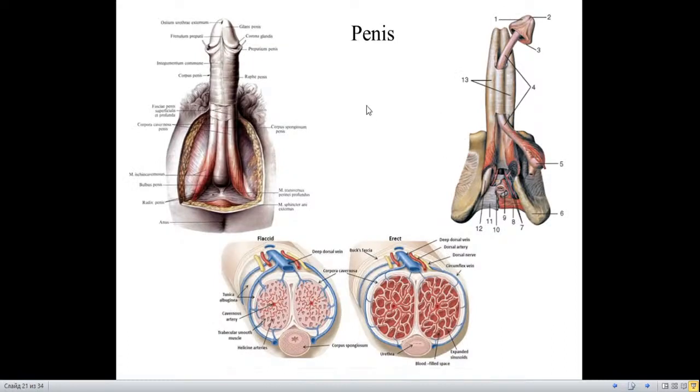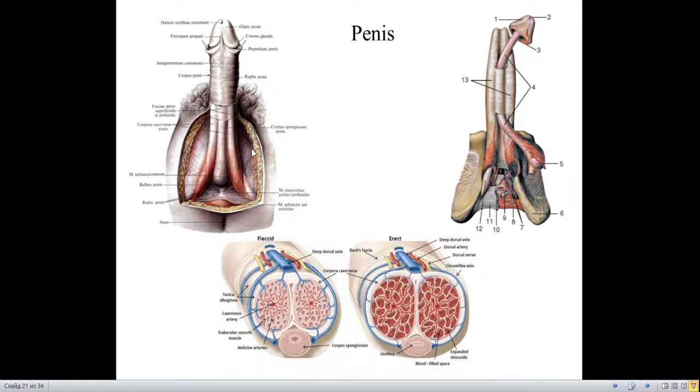One more external male genital organ is penis. Internally it consists of 3 structures: unpaired spongy body, corpus spongiosum, and paired cavernous bodies, corpora cavernosa.